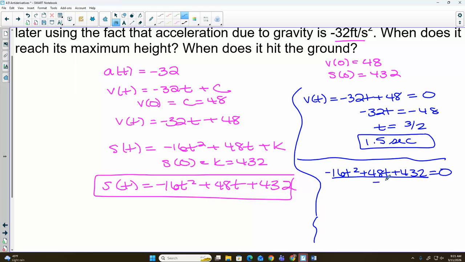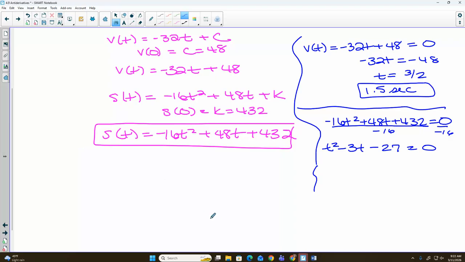I think we could divide by negative 16. Is there anything that multiplies to negative 27 and adds to negative 3? Nope. So what do we do?